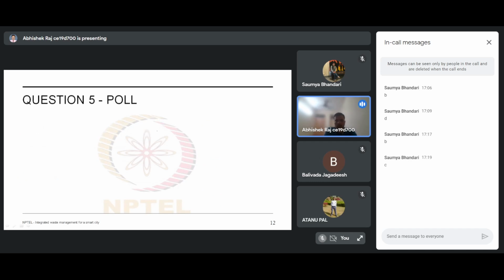Moving on to the next question, question number 5. This is a poll. What was the number of electrical and electronic appliances that became e-waste in 2010? The given options are 2 billion, 3 billion, 4 billion, and 5 billion. This is a statistical question.